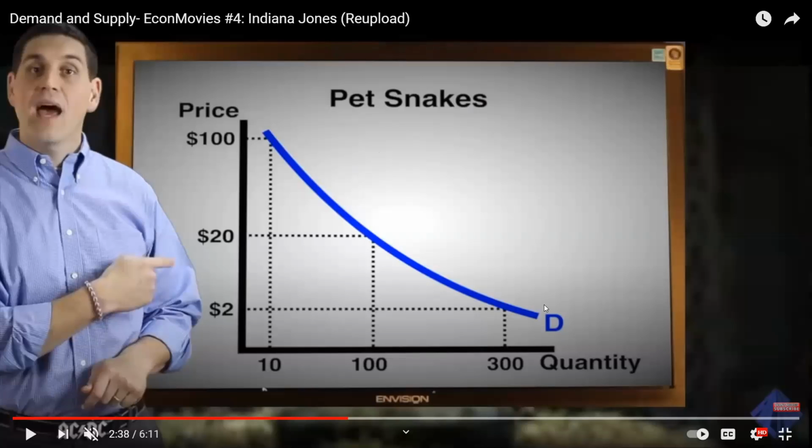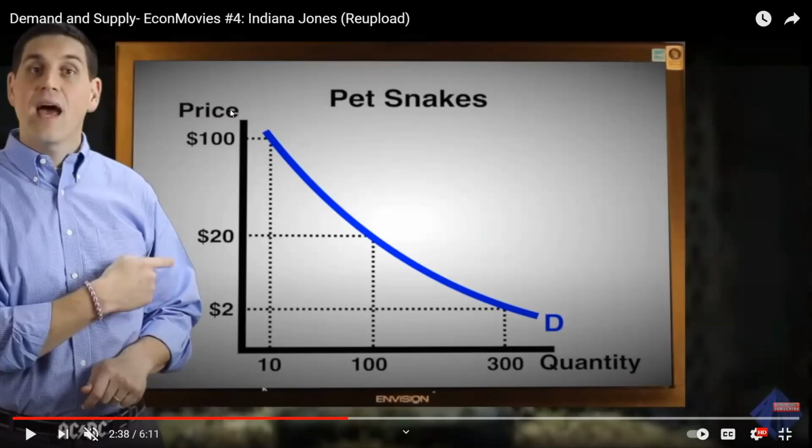He's got D here to represent the demand curve. The demand curve always goes in this direction, because when the price is high, up here at $100, whatever the product is, the number that you have to worry about selling is very low, because not many people can afford to pay that much.